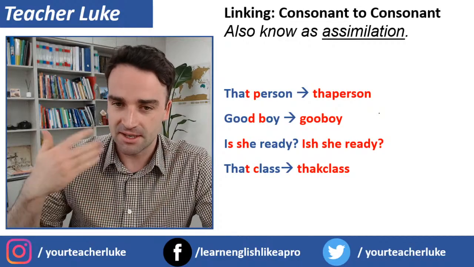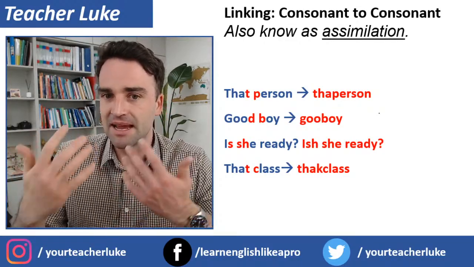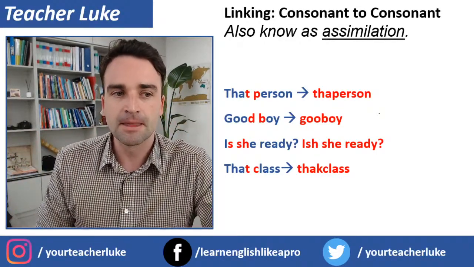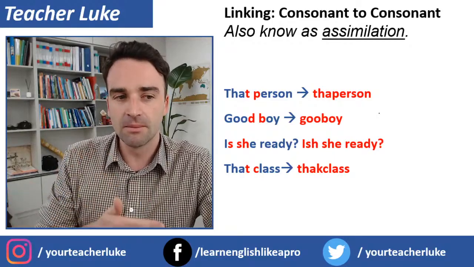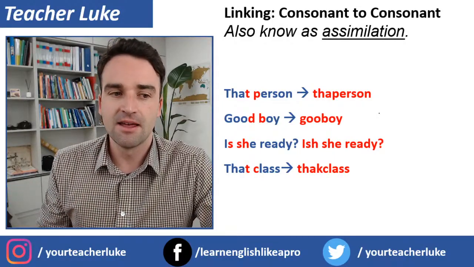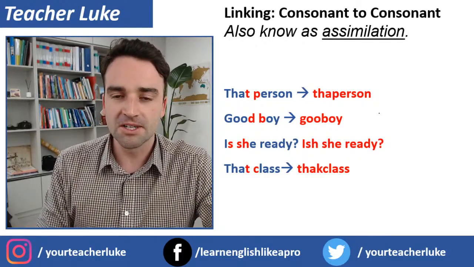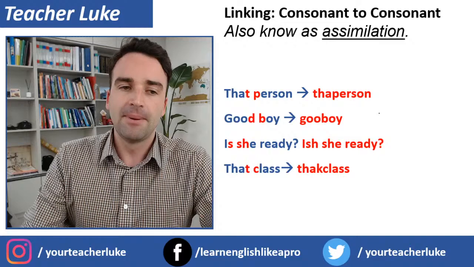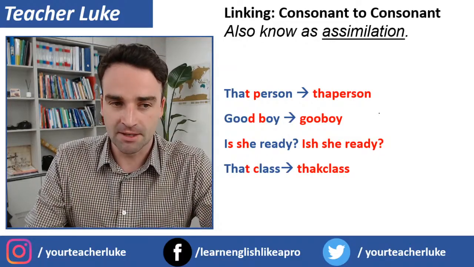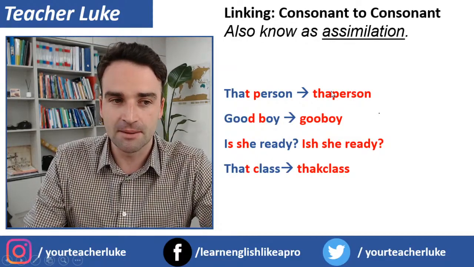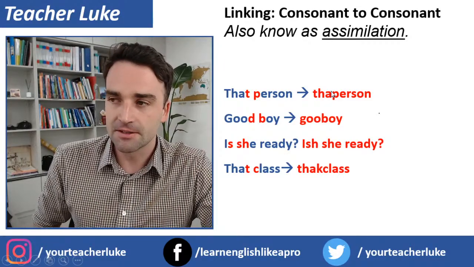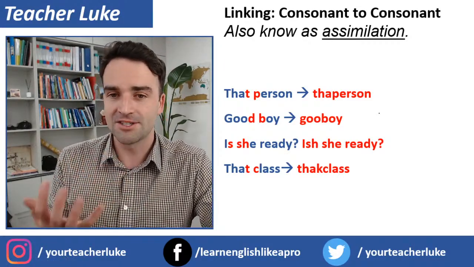So it becomes almost like it becomes adapted to that consonant. So that person, good boy, is she ready, that class. These are some examples of consonant to consonant assimilation. But like I said, this is a big topic, so these are just some very simple examples. One day, soon, I promise, I will do a whole lesson just on assimilation.